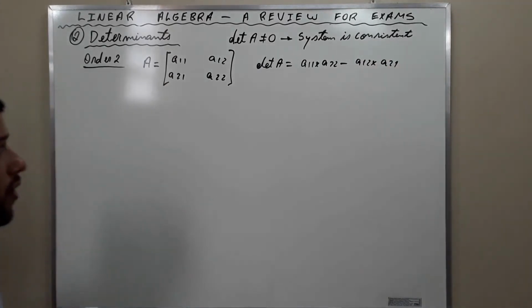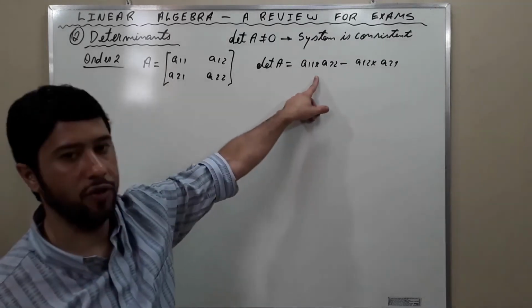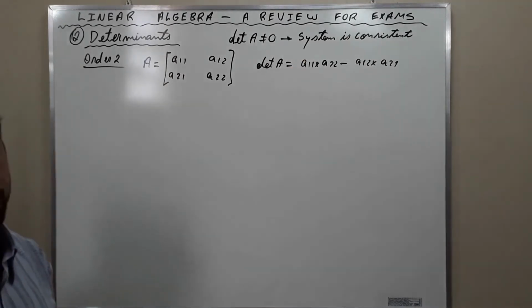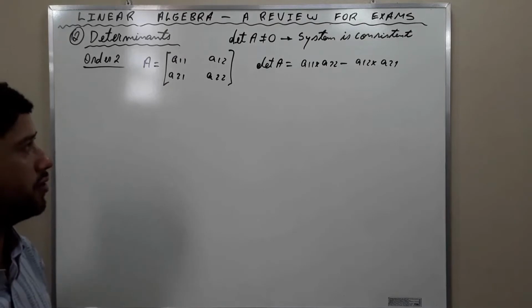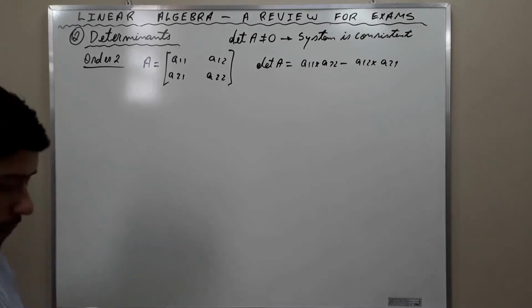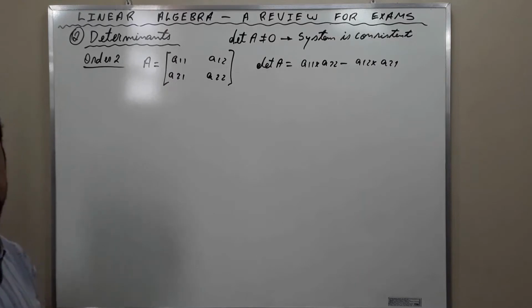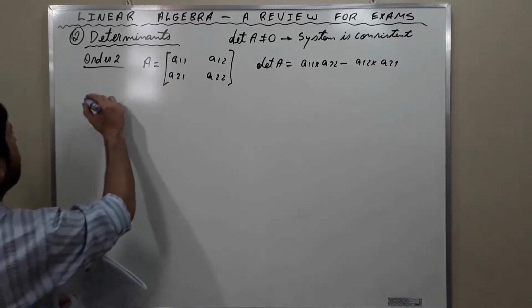Okay? This is the determinant of a matrix of order 2. If this is non-zero, then you know that the system that this matrix represents is consistent. It has a solution.